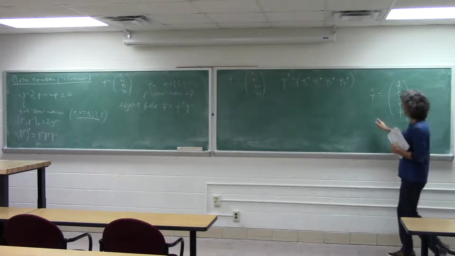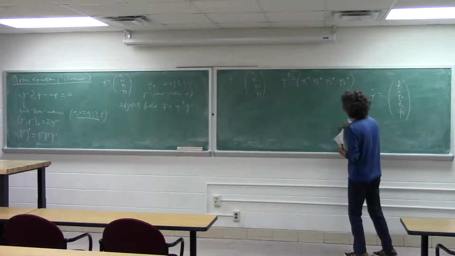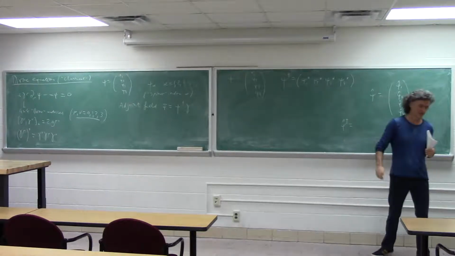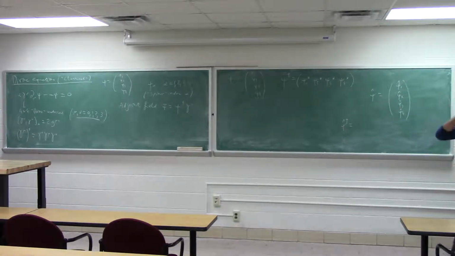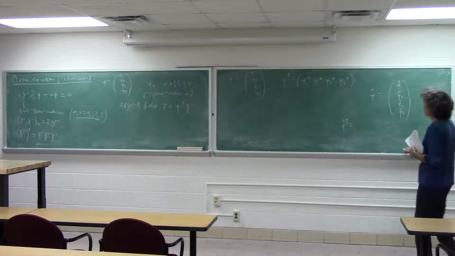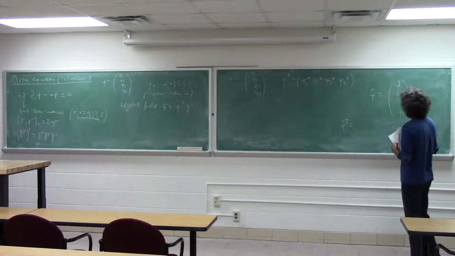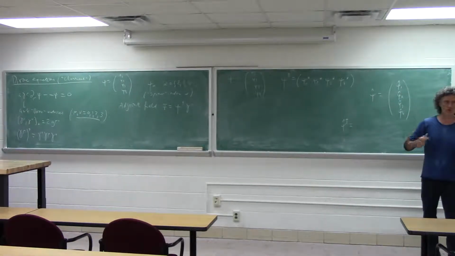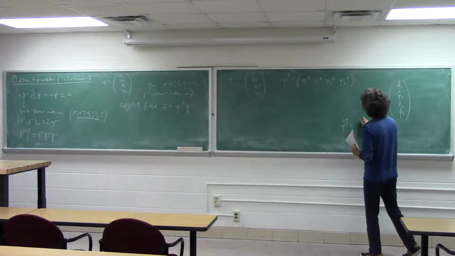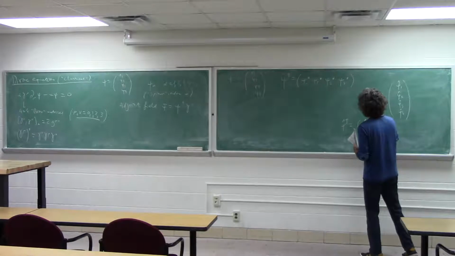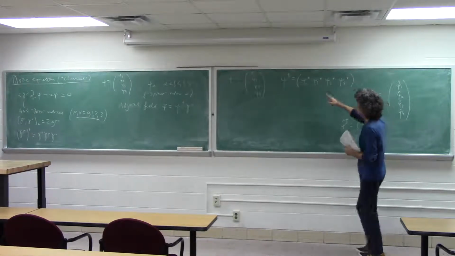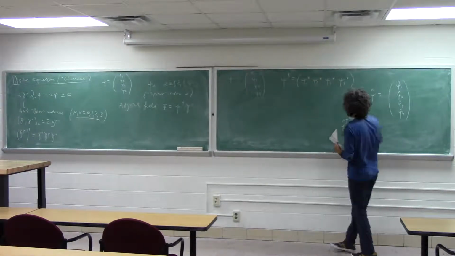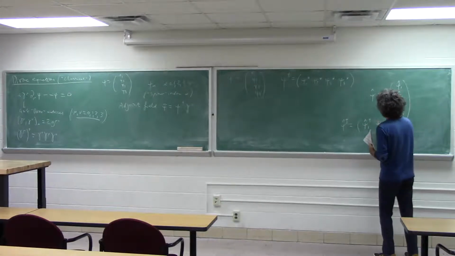So what happens when I take the Hermitian conjugate of the Dirac field? You're sort of doing two Hermitian conjugates at the same time. This becomes a row vector. But here, instead of the complex conjugate, you take the Hermitian conjugate of the operators.